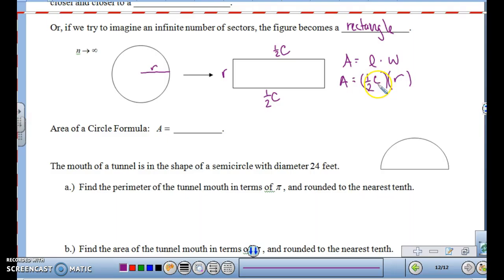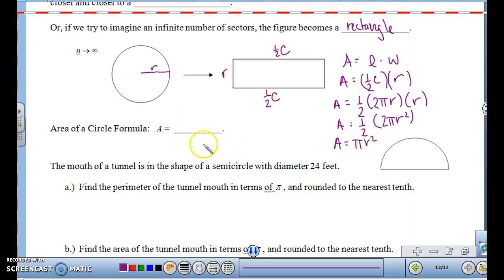What's another way we could write c? Well, c would be 2 pi r, so 1/2 times 2 pi r, and then multiply that by r. Multiply these together, you get 1/2 times 2 pi r squared, and we get pi r squared.